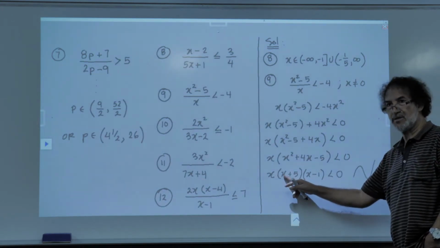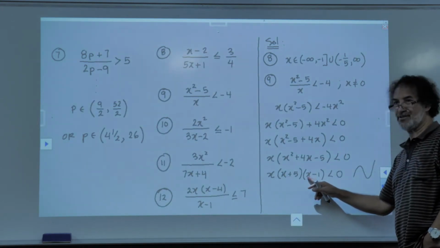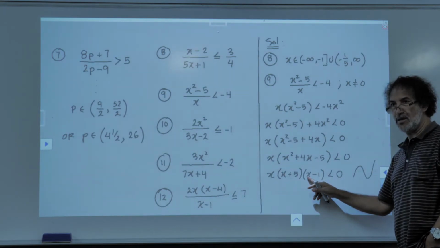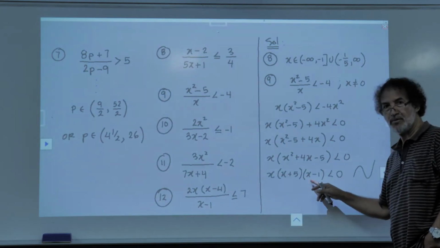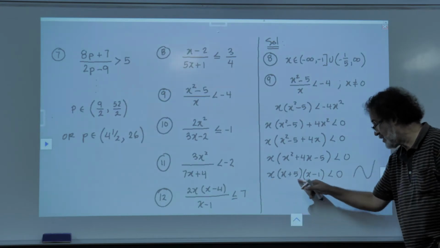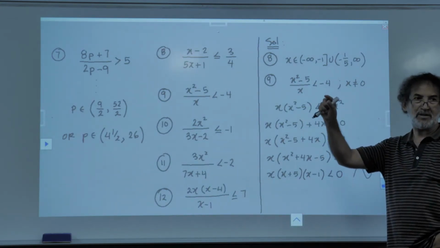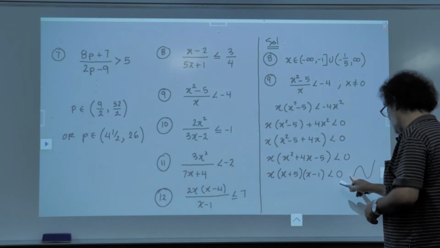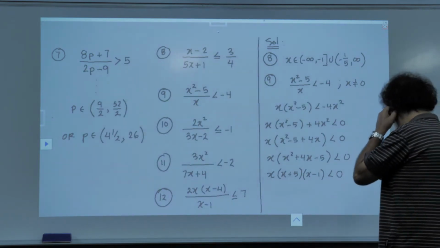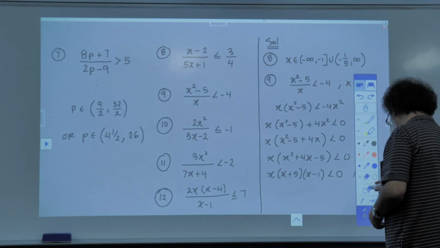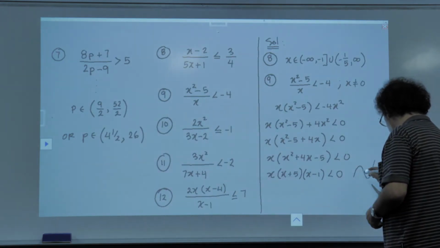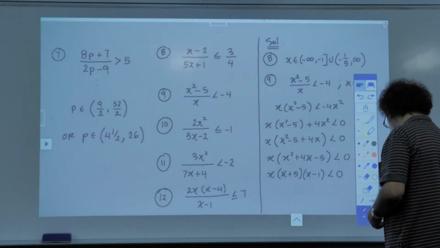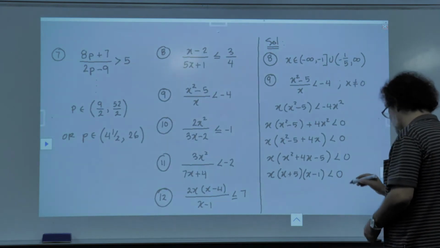X times x is x squared, but here we have an extra x to multiply by, so you get x cubed. In other words, if you expand this, you get something involving x to the power 3. I'm going to continue with the solution, and like I said, later we're going to do this in detail, so don't stress out about this question.